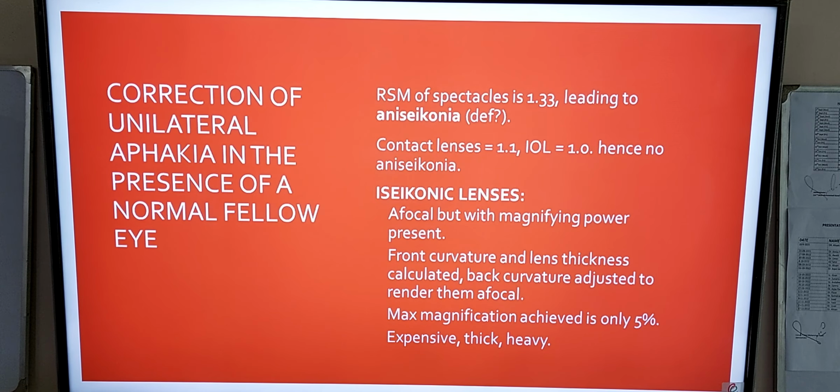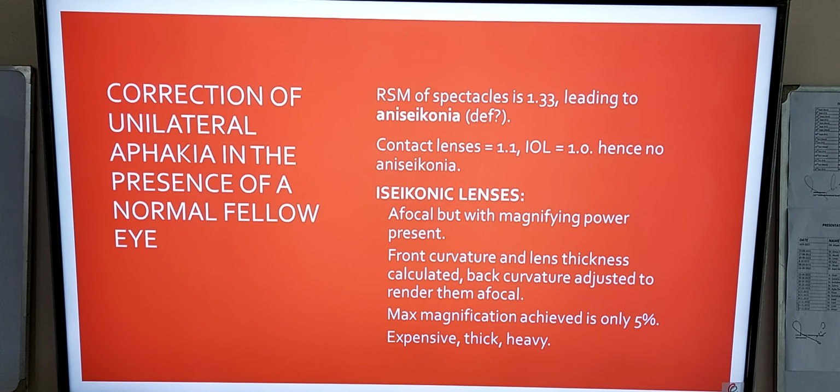We can correct the problem of aniseikonia by using iseikonic lenses. These are actually lenses which have no refractive power but have magnification power. The front curvature and lens thickness are calculated while the back curvature is adjusted accordingly to remove their refractivity.